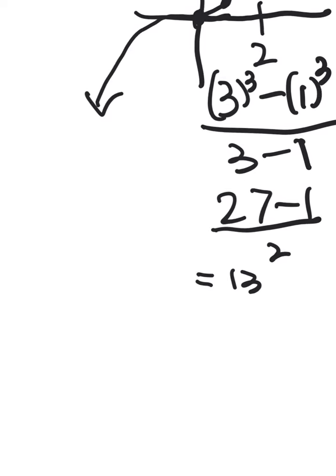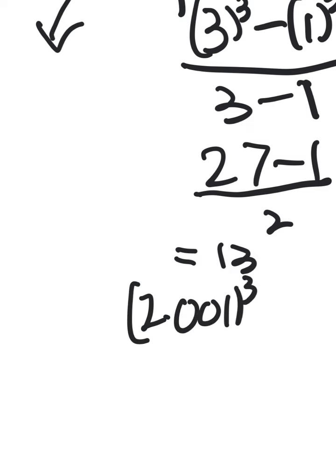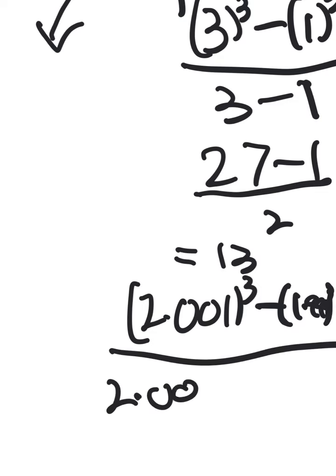So, if we want to get really close to the actual slope, we can use a better approximation. Say we use 2.001 and 1.999. So then we can do 2.001 cubed minus 1.999 cubed divided by 2.001 minus 1.999.